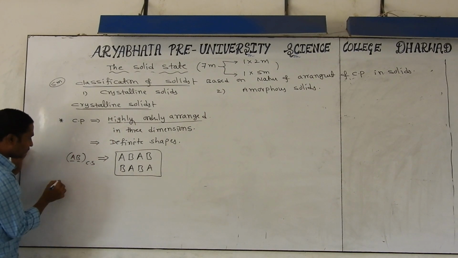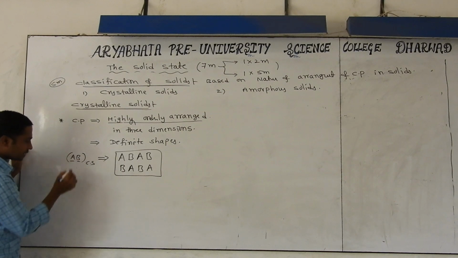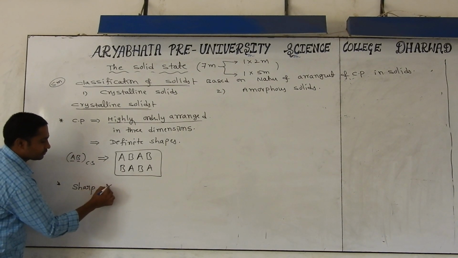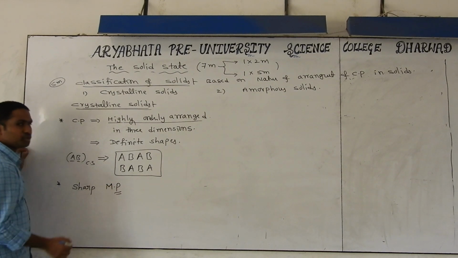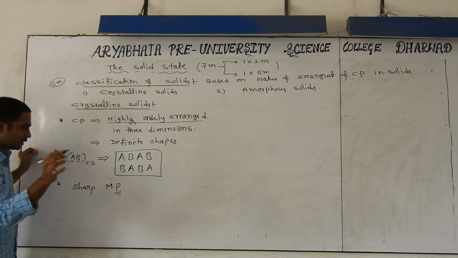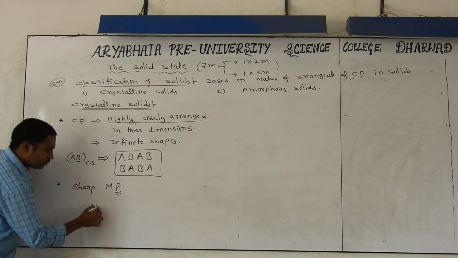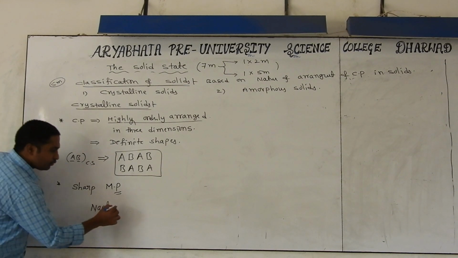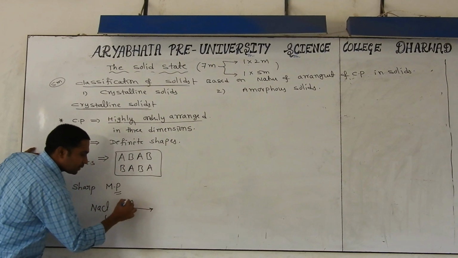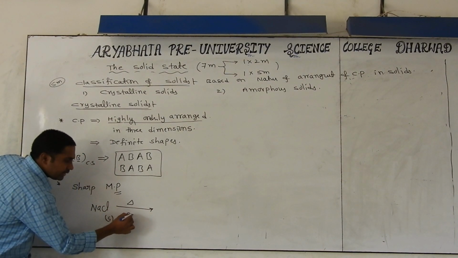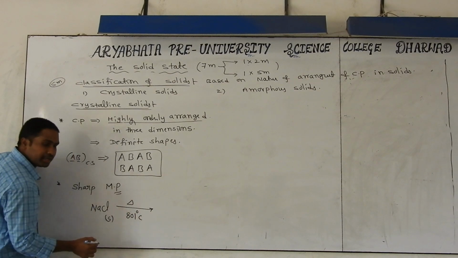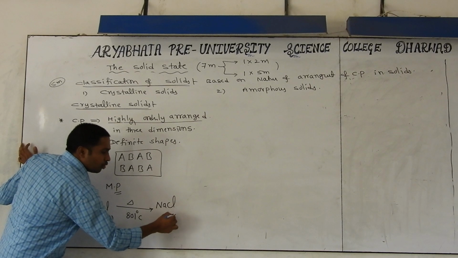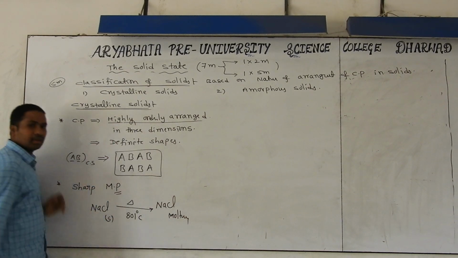Next, these crystalline solids have a sharp melting point. What is the meaning of sharp melting point? For example, take NaCl as the solid substance. If you keep on heating, at around 801 degrees Celsius the NaCl will convert into the molten state.